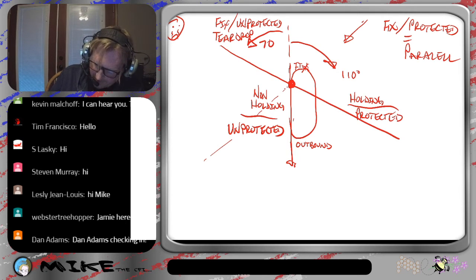And anytime you're coming from the outbound end, most of the time, I should say, it's almost always going to be a direct entry, which means that you're just going to turn directly into the hold.